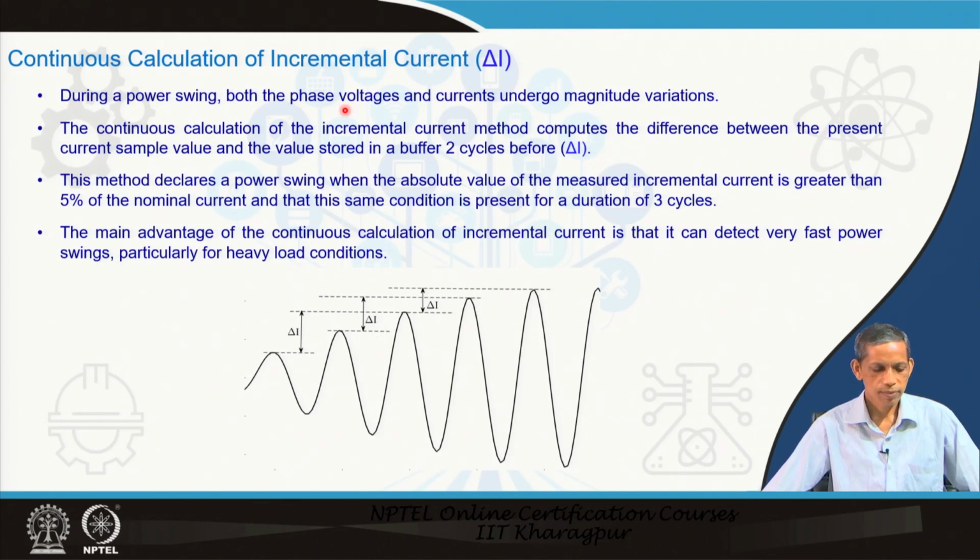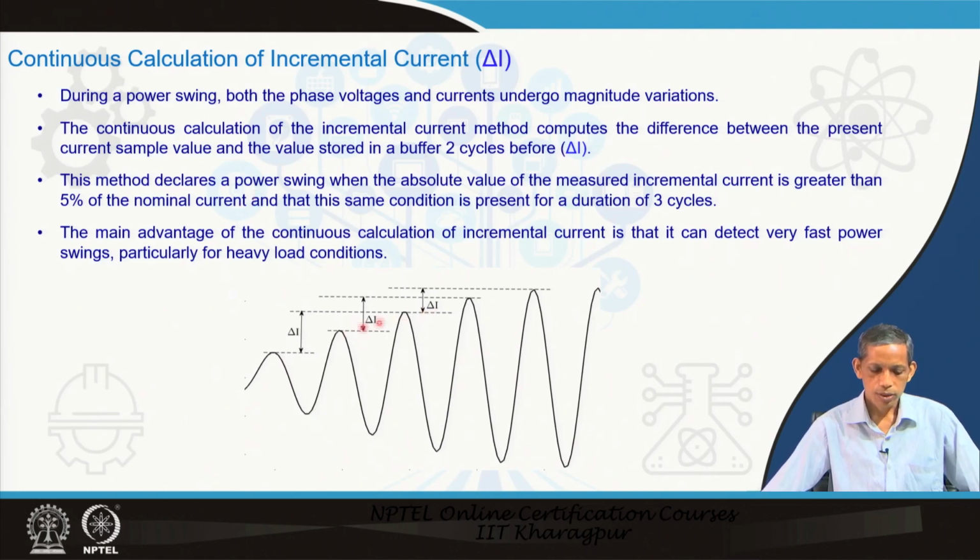Observe the continuous calculation of the incremental current, the delta I, or, as the literature also says, superimposed current. The method computes the difference between the present current sample value and the value stored in the buffer 2 cycles earlier. So, the value 2 cycles earlier and the present value are compared, and we calculate the delta I for each sample.